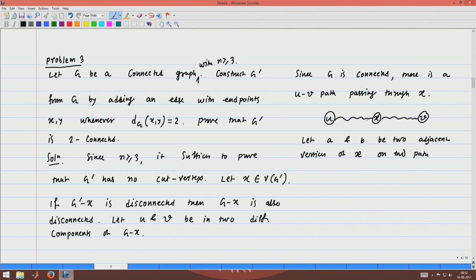So, that means A is adjacent to x, this is A, and this is B, another vertex which is adjacent to x on this path.